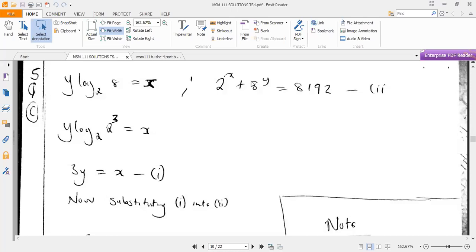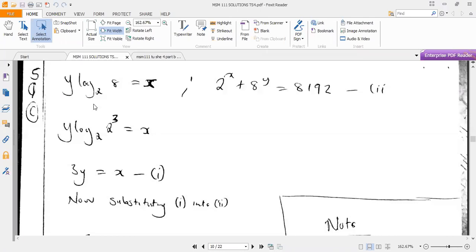Then there's another equation, which is 2 to the power x plus 8 to the power y is equal to 8,192. You can't start working out the second one, so we start with the first one, which looks a little easier to manipulate.